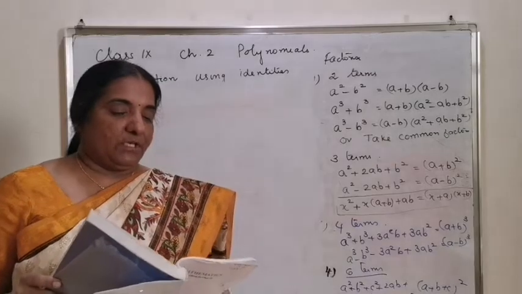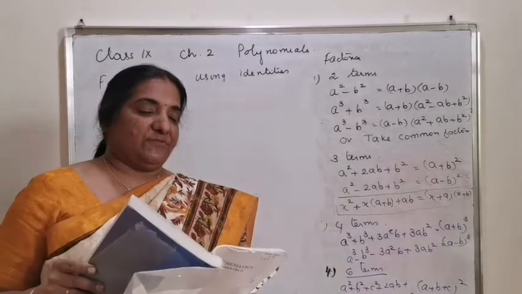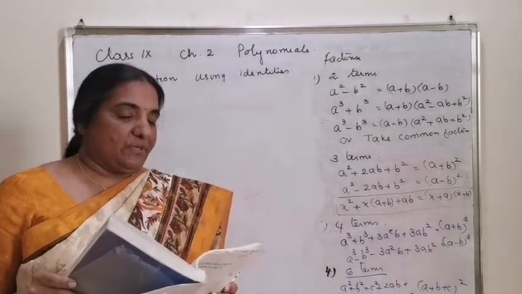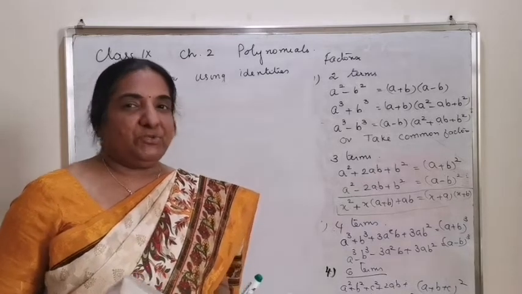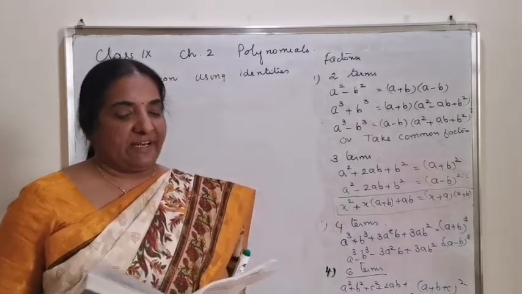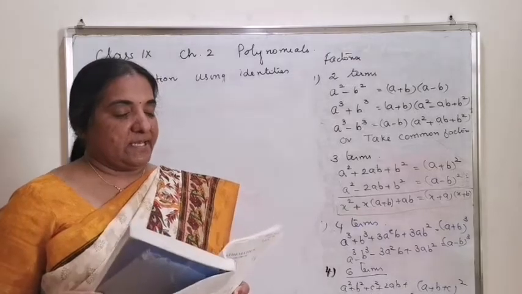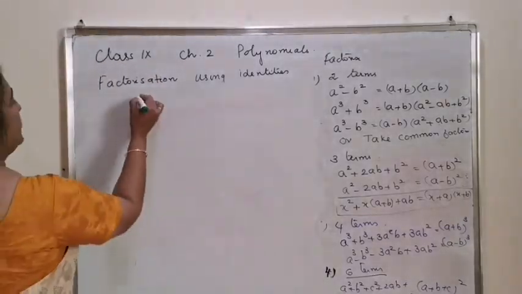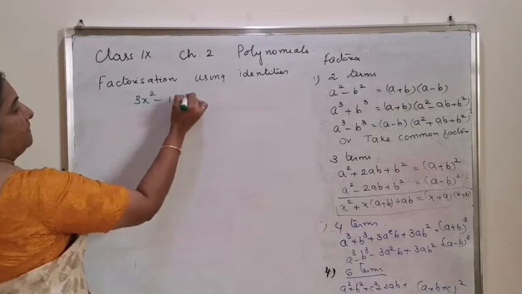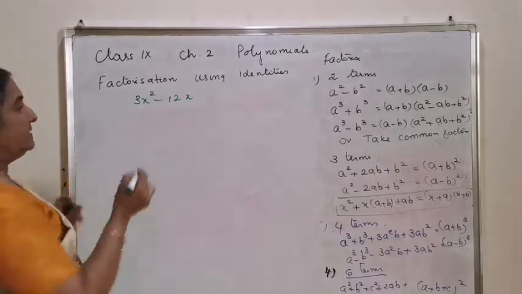Number 16. What are the possible expressions for the dimensions of the cuboid whose volume is given below? Cuboid volume is L into B into H, which means that there should be 3 factors. The question is 3x square minus 12x. The concept is only factorization. There should be 3 factors.